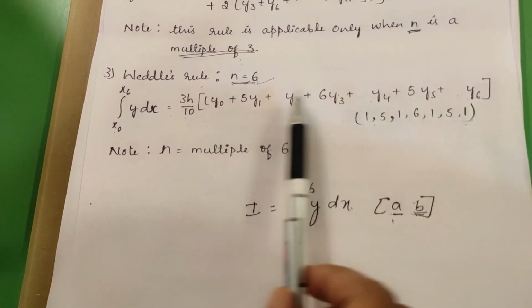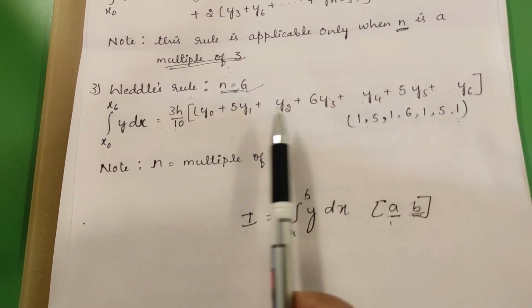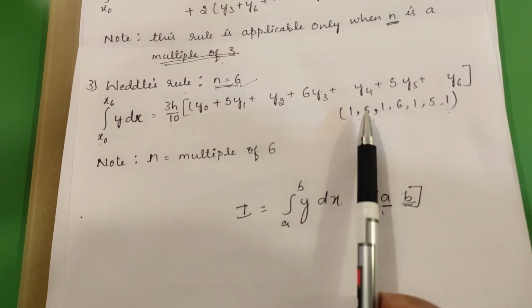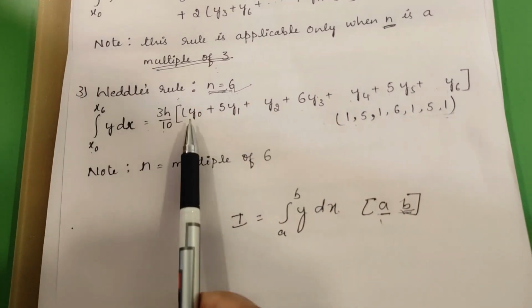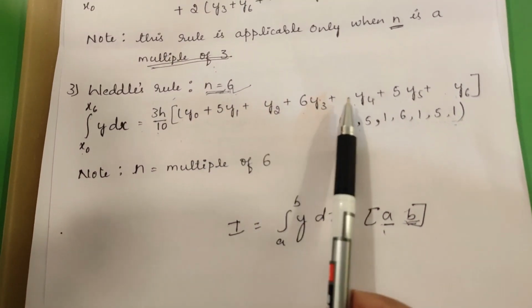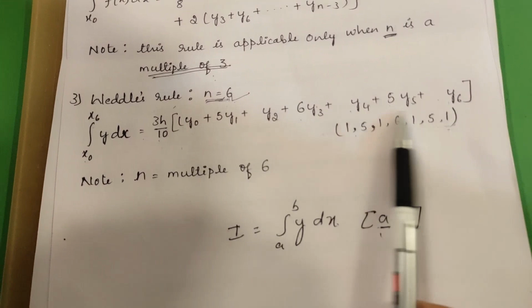Take all 7 terms, y0 to y6, then give the coefficients 1, 5, 1, 6, 1, 5, 1 to each y. So this is Weddle's rule.